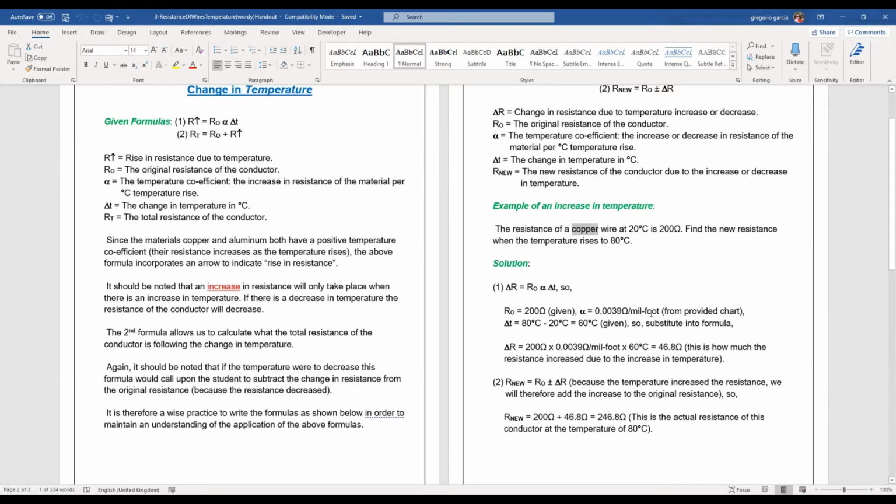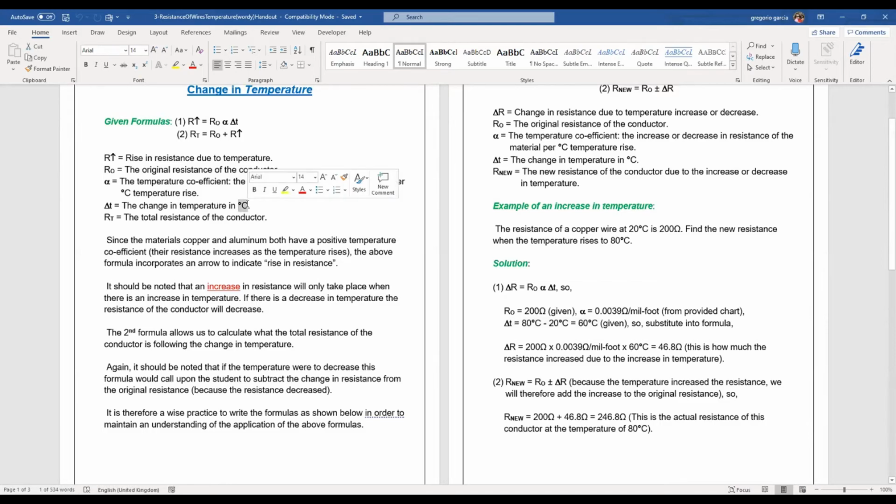And I already showed you where to get that value from. And then the change in temperature that we already discussed on the previous page is going to be 80 Celsius minus 20 Celsius, which is 60. 60 is going to be our change in temperature. Now, it is important to know that in this formula, the change in temperature has to be used in Celsius.